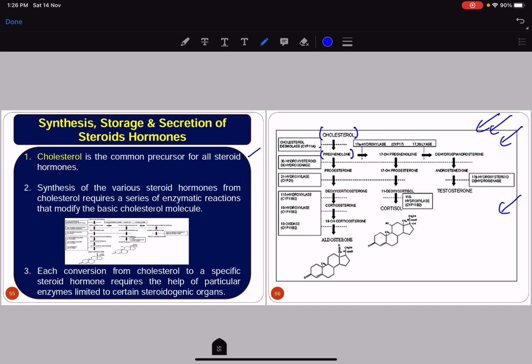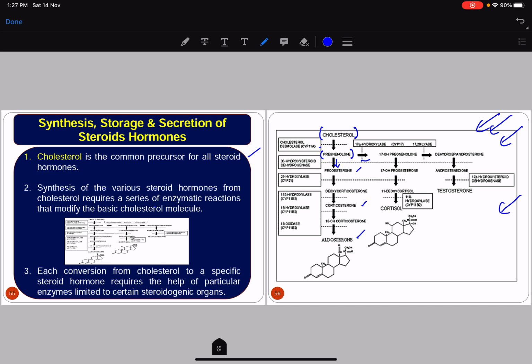This pregnenolone has many pathways to produce many types of sex steroid hormone. One of the pathways produces a sex steroid hormone, which then undergoes enzymatic reaction to produce the second type or the third type.